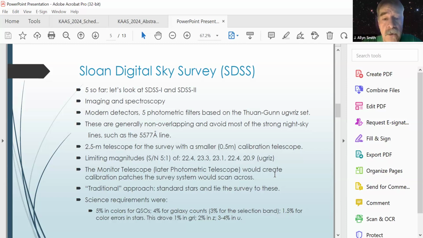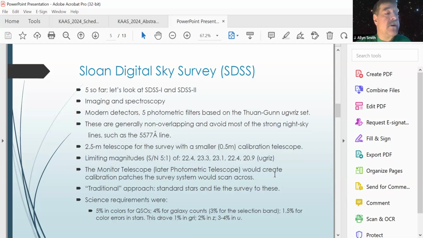And this in turn drove the precision, that last line, of what we needed in the standard stars transferred into the survey field. The remaining uncertainty would be taken up in the transfer from the standard stars, the air mass and uncertainty, to go to the survey objects themselves.